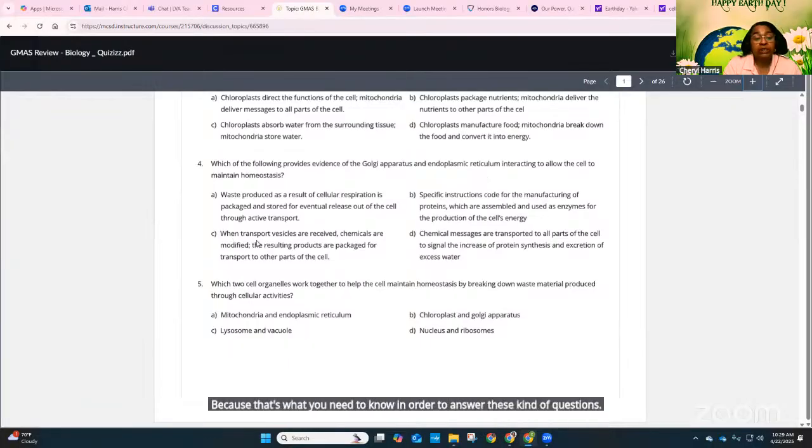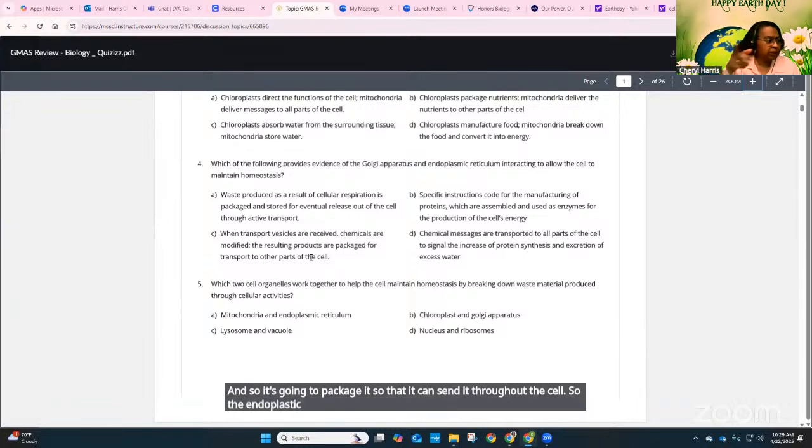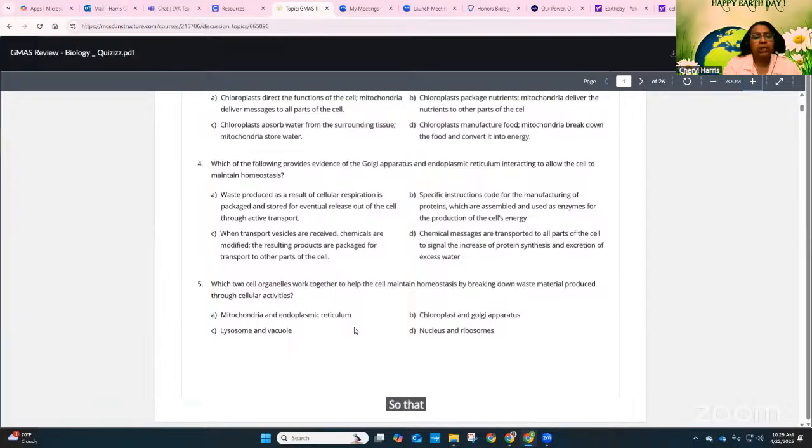This one is C. The Golgi apparatus is a vessel that packages things, and so it's going to package it so that it can send it throughout the cell. The endoplasmic reticulum is like a highway system for transporting things from one place to another. So that's what it does.